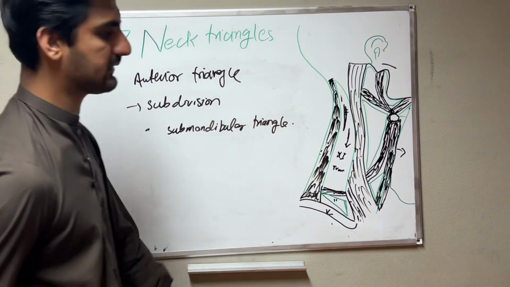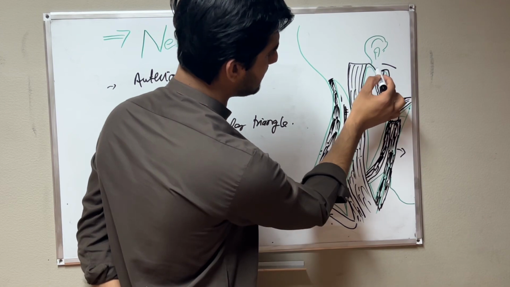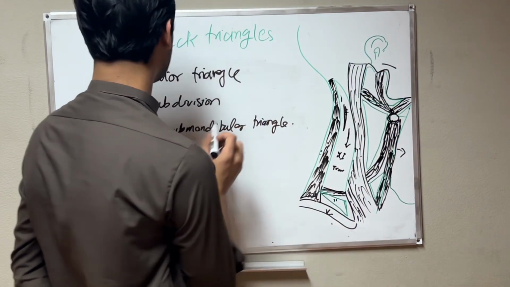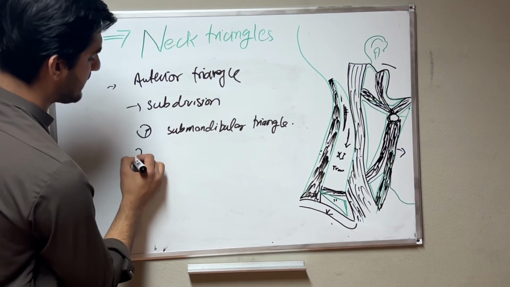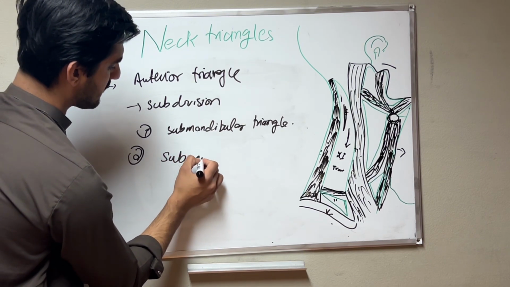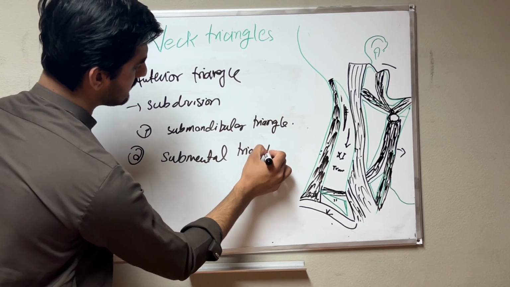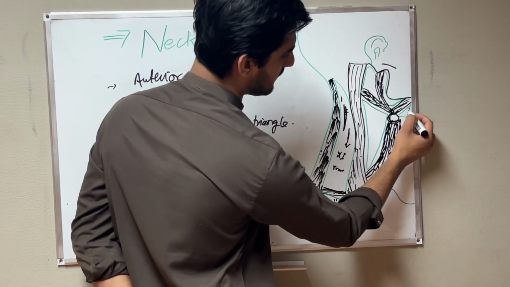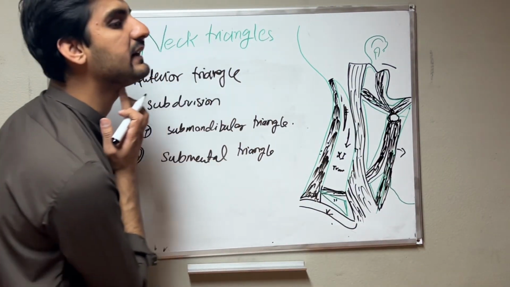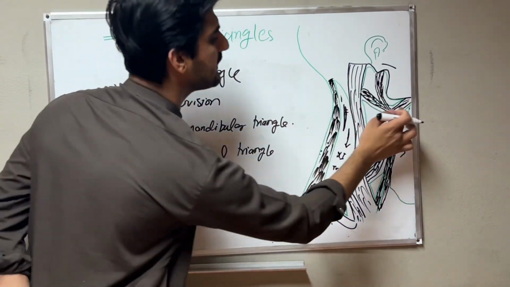Now I will show where the submandibular triangle is: this one, which I highlighted. The second one is the submental triangle. This is the submental triangle, this one. This is the mental region, and this is the mandibular region.